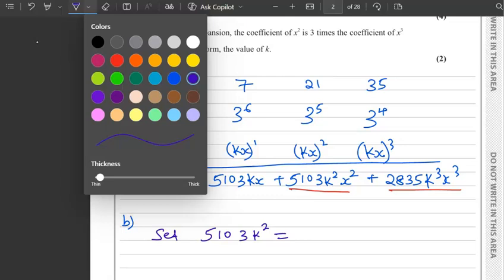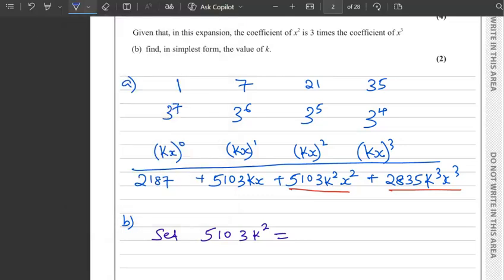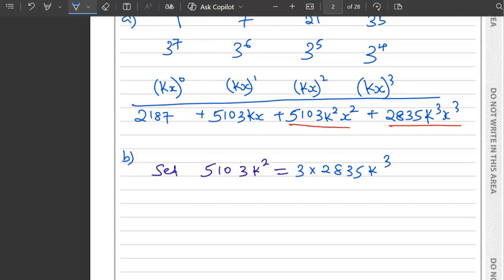In this case, we are having 3 times 2835 k power 3.